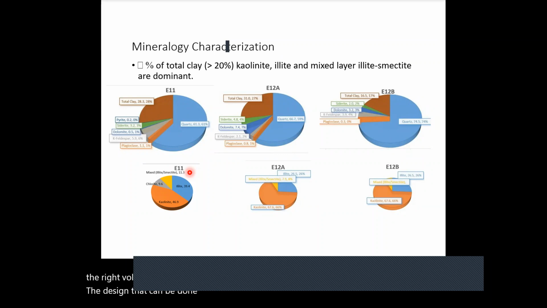The majority of the design that will be conducted by software is based on the mineralogy and identification of the type of damage that is there in our reservoir. That's why it's very important to know, for example, the swelling clays such as illite and kaolinite, and also the clays that have iron such as chlorite, and key in these data to the software.